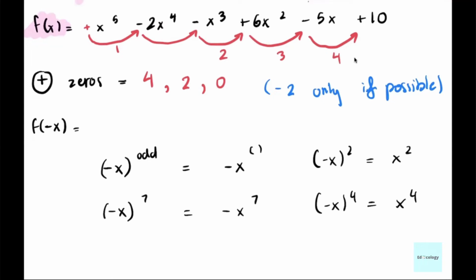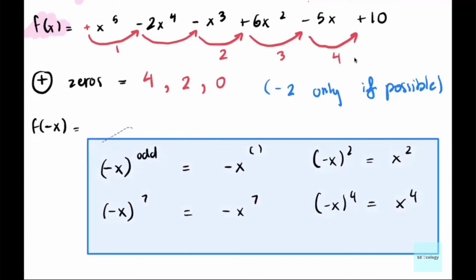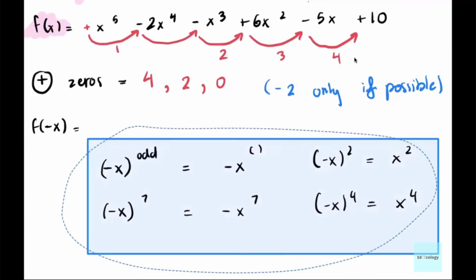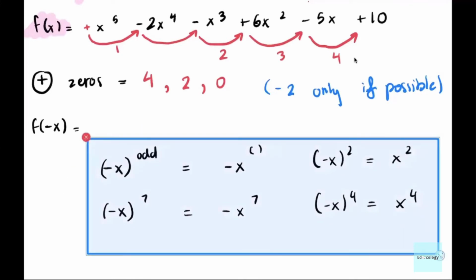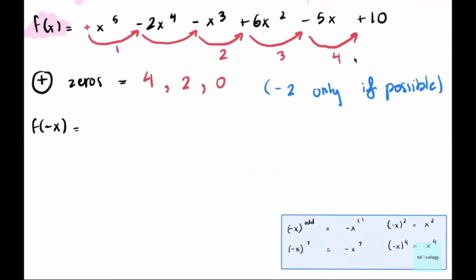I think it would be better if I kept that on the side. So let us put this on the side. So now that we know that, let us find f of negative x.